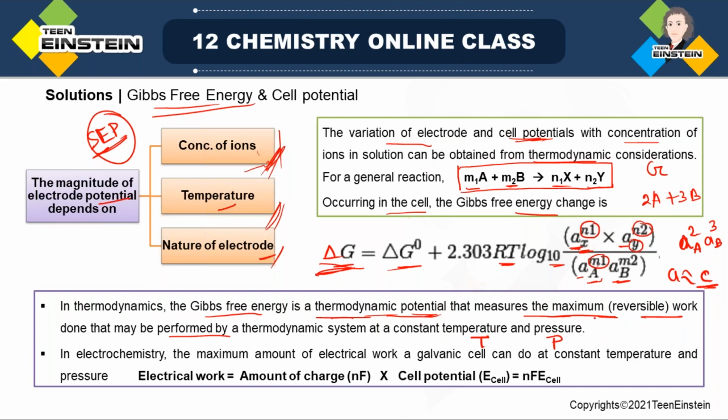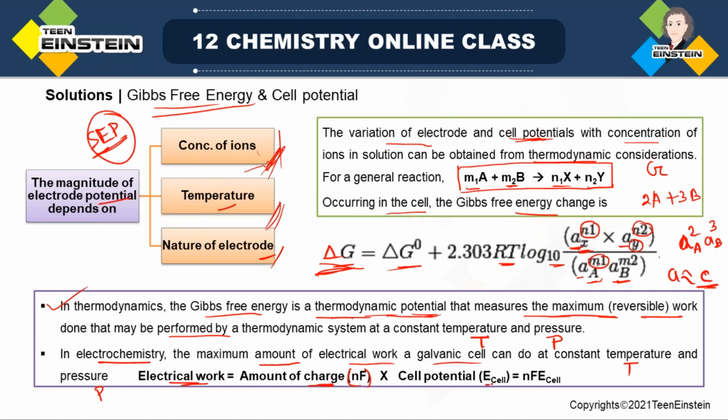But before that, this is related to thermodynamics, that is, how G is related to work done. In electrochemistry, the chapter we are discussing, the maximum amount of electrical work done in a galvanic cell at constant temperature and pressure is related to the cell potential by this relation. The work done is equal to the amount of charge, which is nF, multiplied by the cell potential.